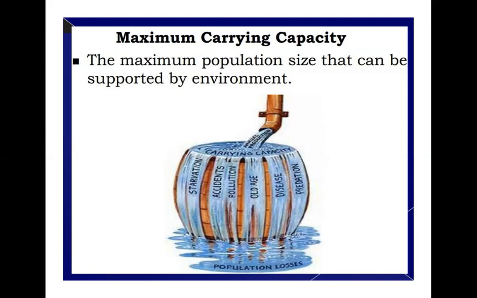But now here is maximum carrying capacity. With the help of this diagram, you can see the maximum population size that can be supported by the environment. Because it's not like the environment is okay with whatever the size of the population.